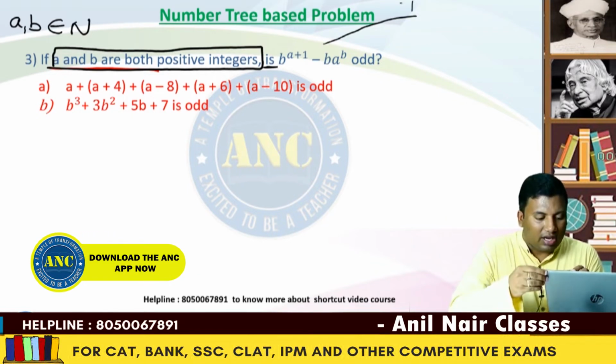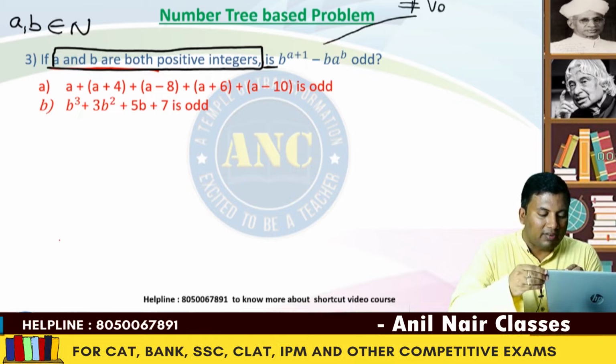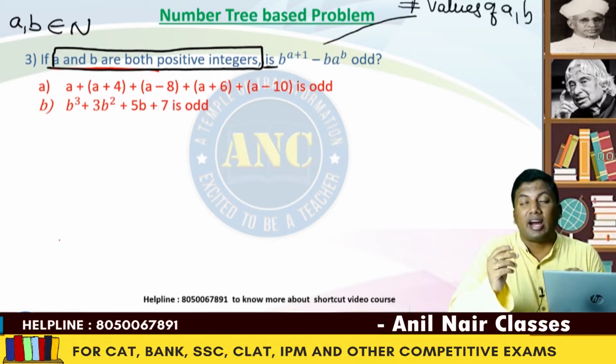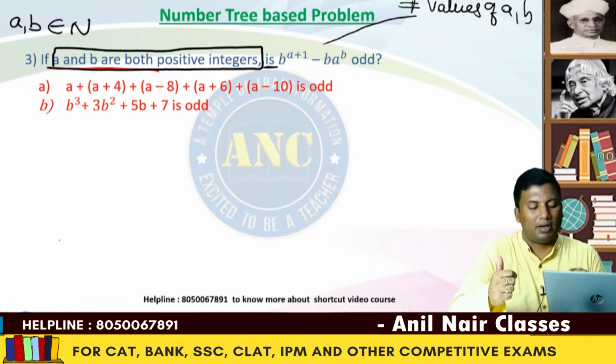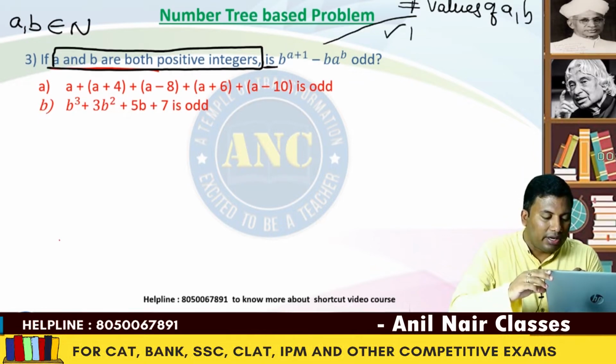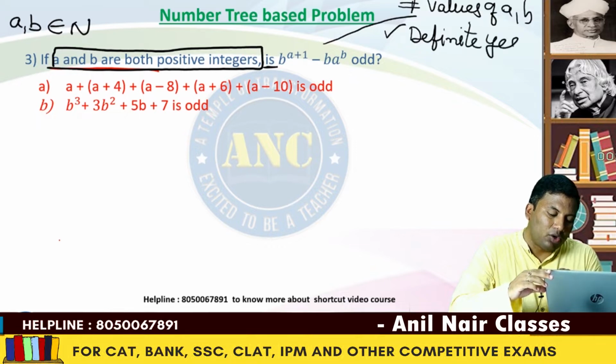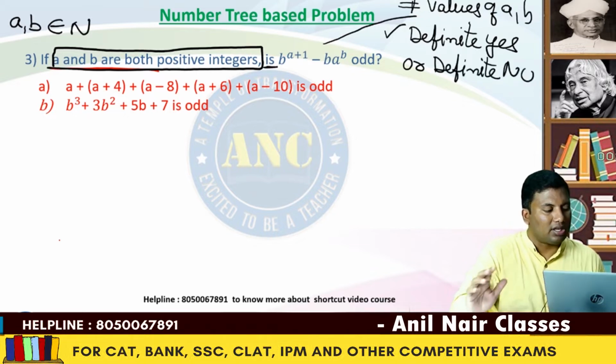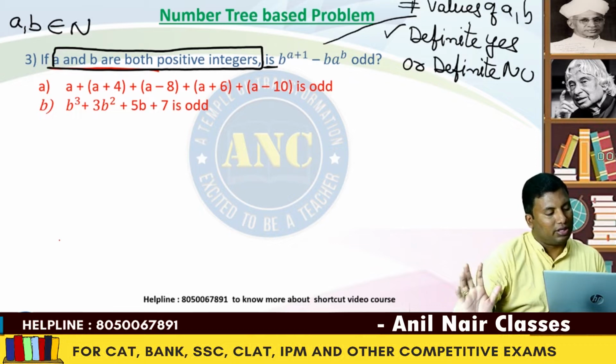That means we are not interested in finding the values of A, B. The question is not starting with what is the value of A comma B. What we have to do? We have to say definite yes or definite no.